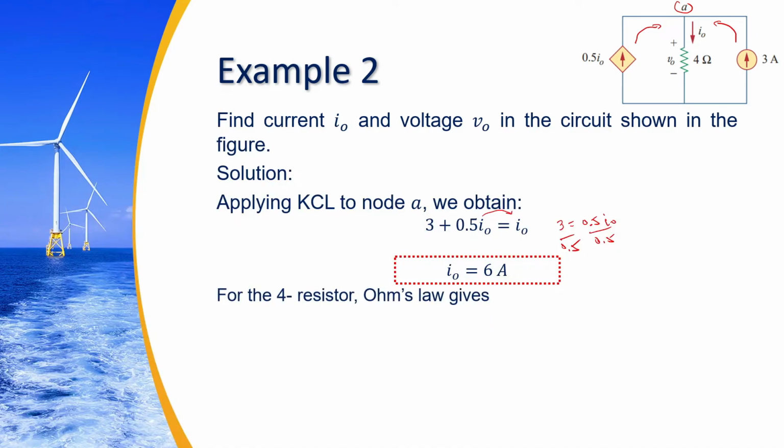For the 4 ohm resistor, Ohm's law gives VO is equal to 4 IO.